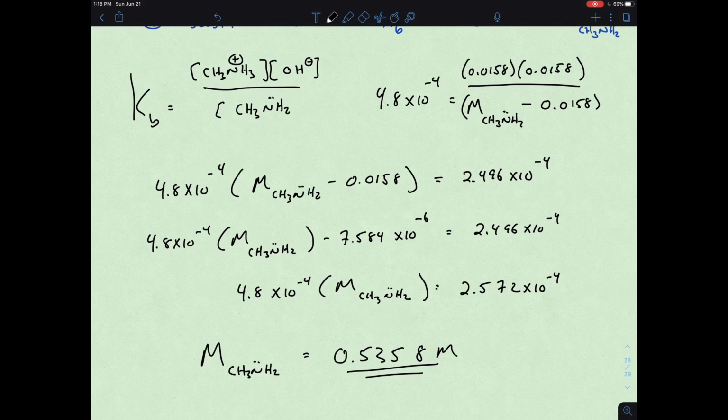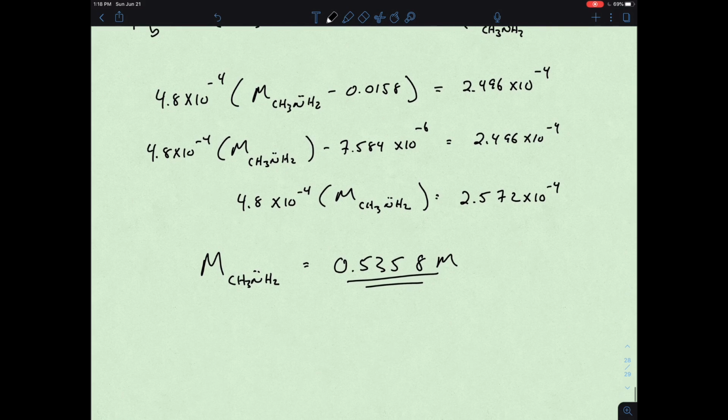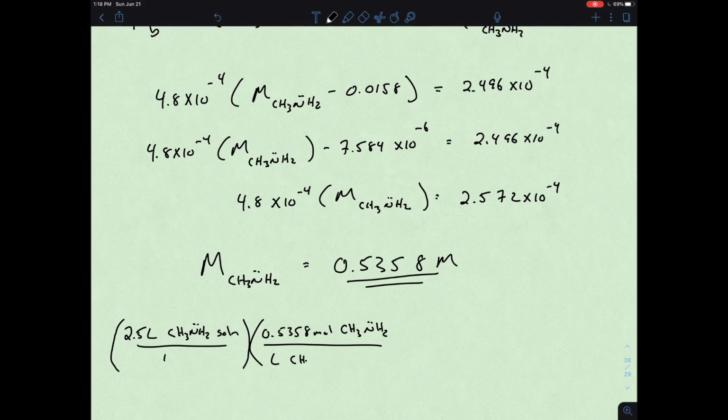And so now we can do a conversion to figure out our mass. We have 2.5 liters of the methylamine solution. If we multiply that by our molarity, we can get out of the solution and get into moles of our solute, the methylamine.